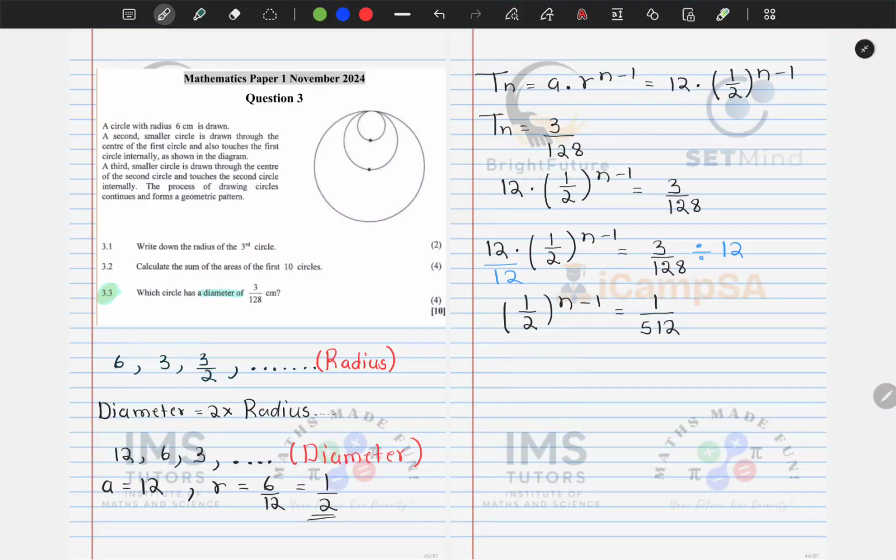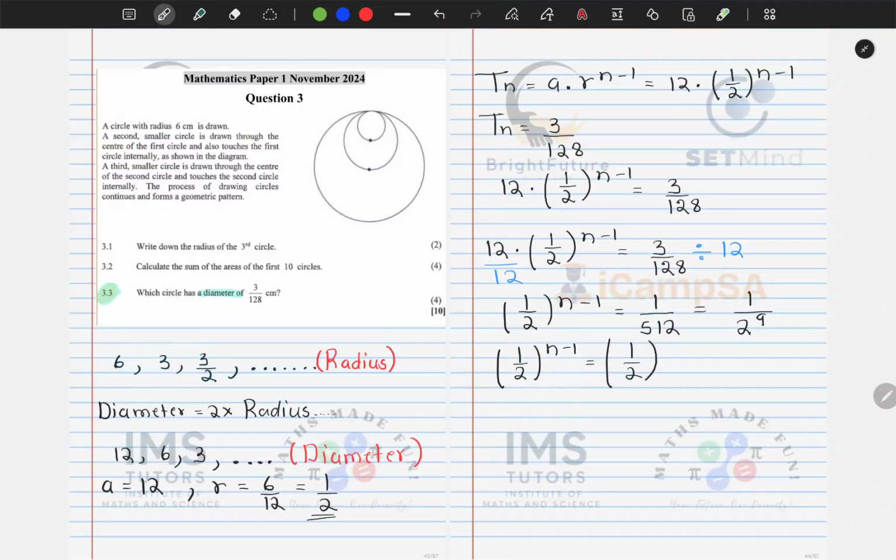Okay. And then there's something you can do on your calculator, where you can express this 512 as a base of 2. And 512 as a base of 2 is 2 to the power of 9. So what you do on your calculator is you press 512 equal sign, and then you press shift fact for factorizing. It will allow you to get that. But what we know is that when you have a 1 on the numerator, the power can actually be put outside.